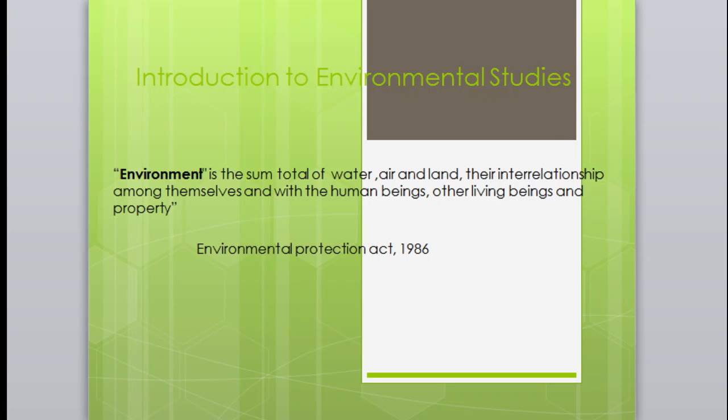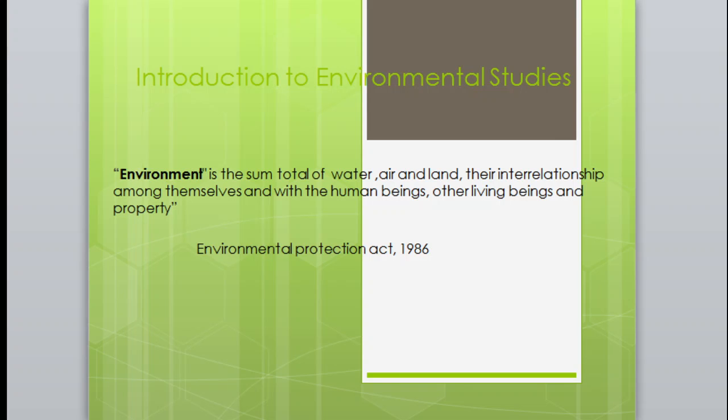Environment is a sum total of water, air and land, their interrelationship among themselves and with the human beings, other living beings and property. So, environment is a sum total of land, water, air, human beings, other living organisms like animals, birds, small creatures and their interrelationship among themselves.